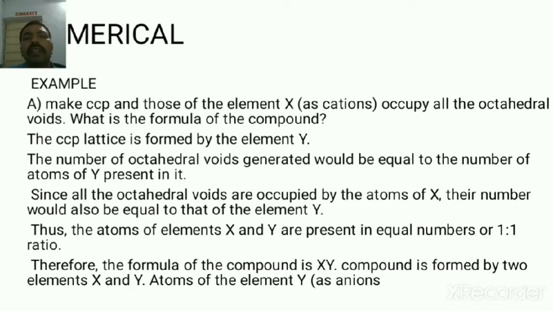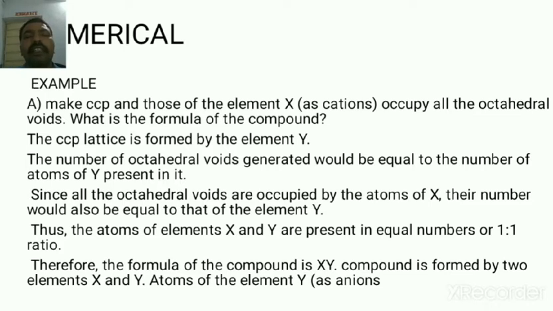Next example. A compound is formed by two elements X and Y. Atoms of element Y as an anion make CCP, and those of element X as a cation occupy all the octahedral voids. What is the formula of the compound? Element Y makes the crystal, and element X occupies the octahedral voids.